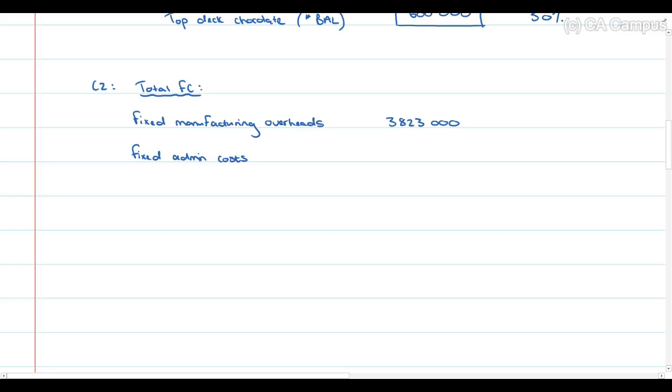All right. So this is now going to be calculation 3, and we are now going to split those admin costs into the fixed and variable portions, using the high-low method.